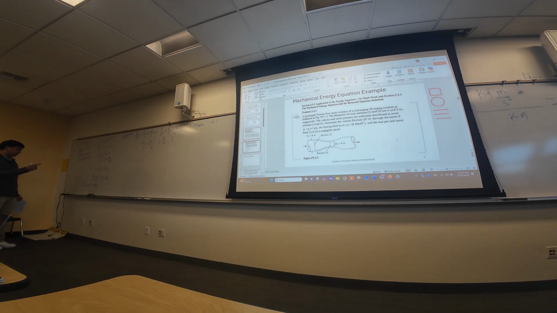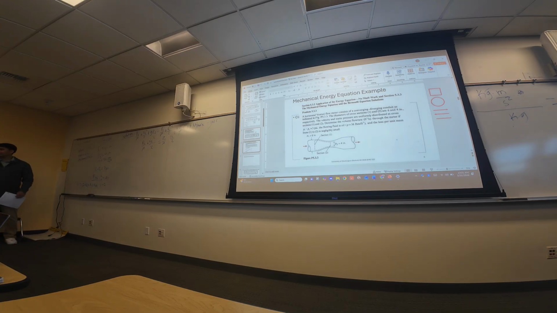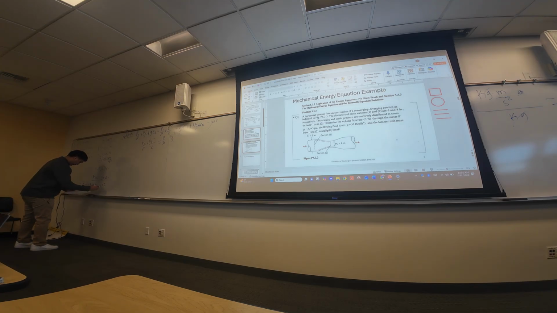Okay, so let's solve for V1. V1 is equal to Q. All Q's are the same, so I'm just going to make this Q1, Q2 equal to Q. So V1 is equal to Q over A1. V2 is equal to Q over A2. Why am I doing this?